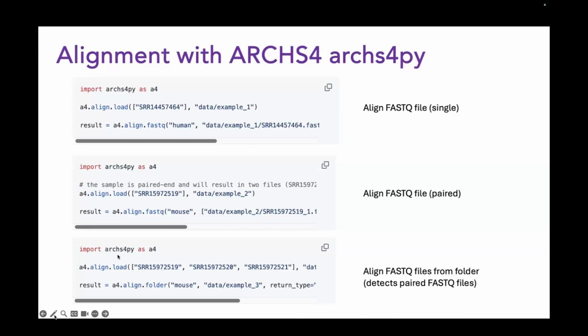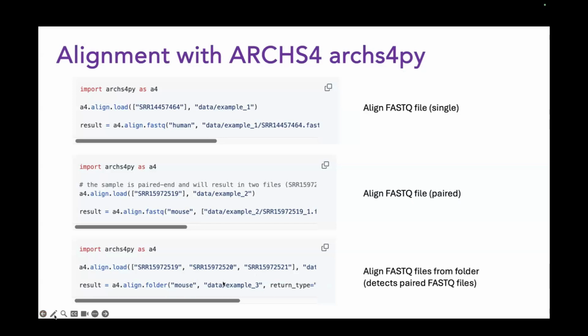The other one that I like a lot is this alignment of a whole folder. If you have a folder with a lot of sequencing data, you can just tell the ARCHS4py package to process them all at once, and it will return a data frame with gene counts that are identical to the gene counts you would get from ARCHS4, how we processed it.